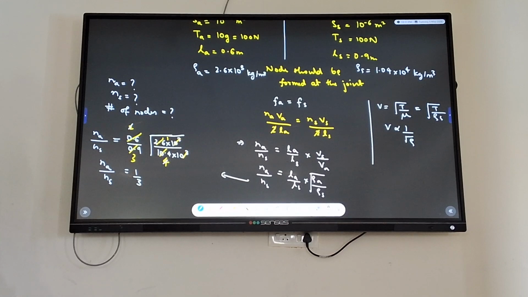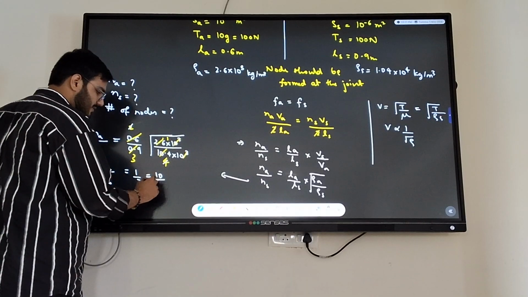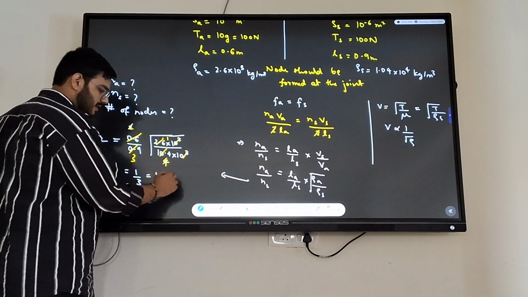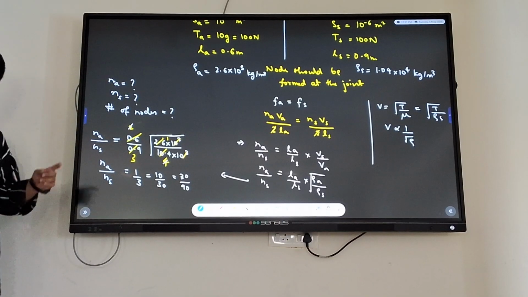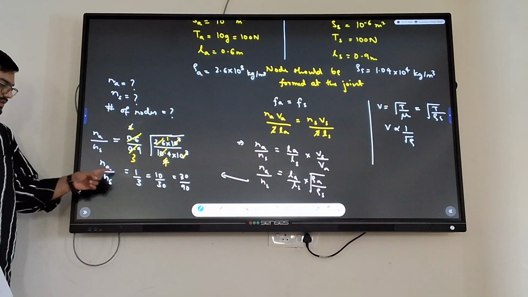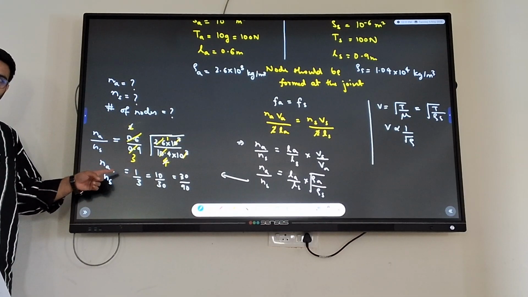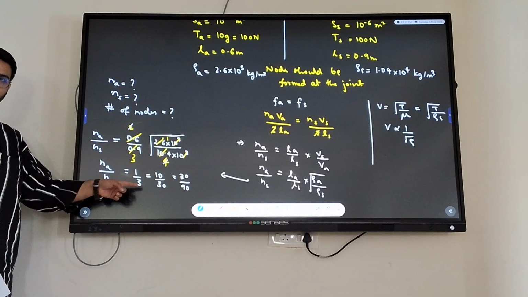Now they are asking about the lowest possible mode. See, this 1 by 3 can equally be written as 10 by 30. This can equally be written as 30 by 90. But out of all the possible values, which one of them leads to the lowest one? 1 by 3. So what should be Na? Na should be 1 and Ns should be 3.